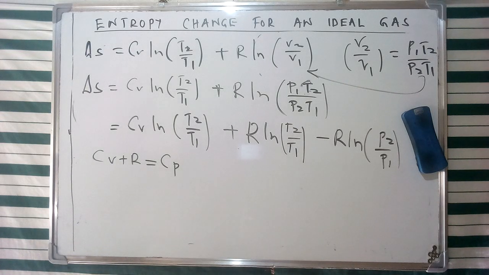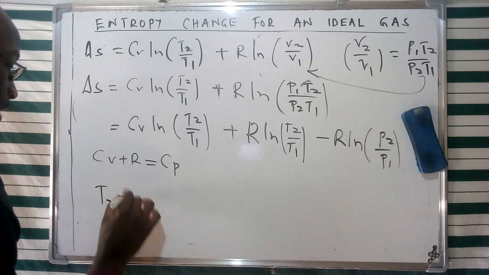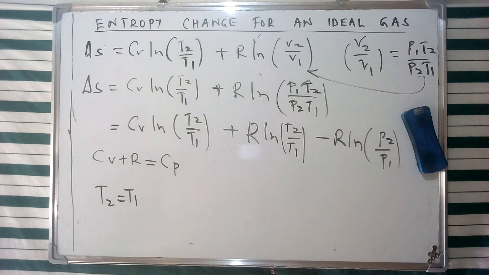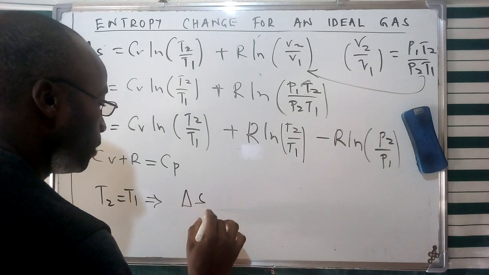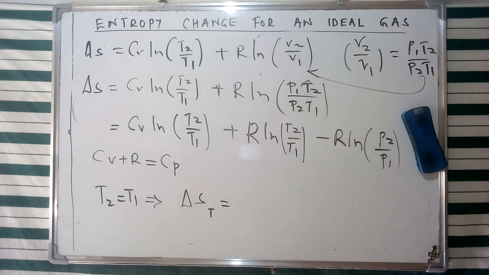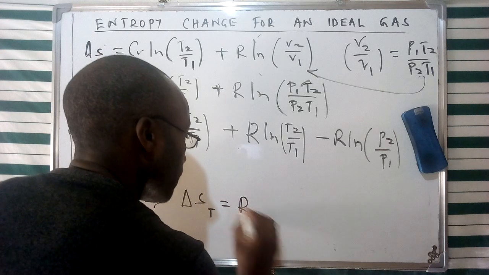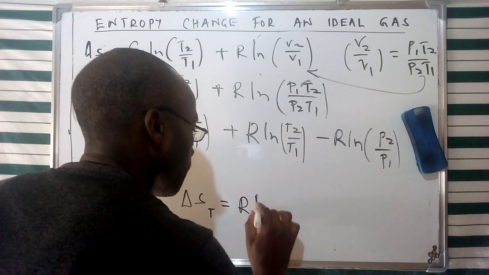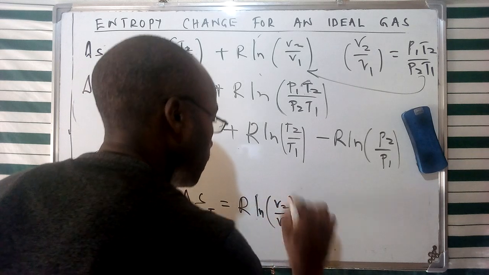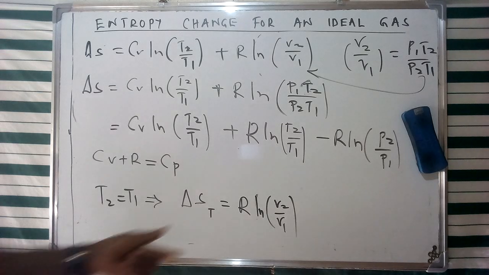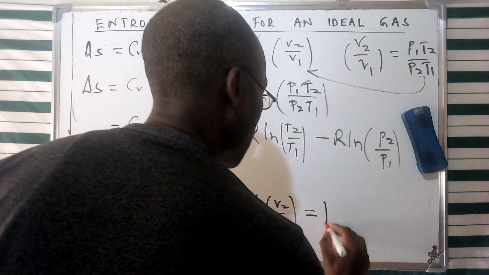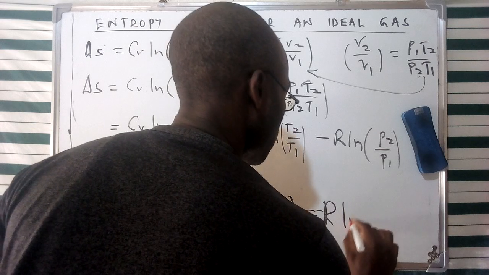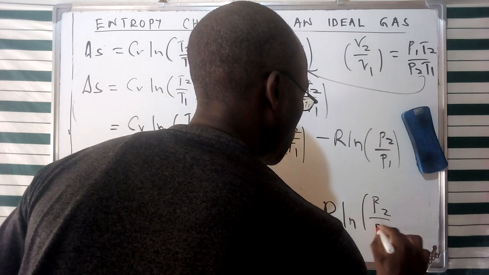And we said that if we have T2 equivalent to T1, this is going to imply that the change in entropy at constant temperature can then be given in terms of R, the natural log of V2 over V1, which involves only volume and pressure, and then we're going to have this one also equivalent to R. So this is going to be negative R, the natural log of P2 over P1 given as such.